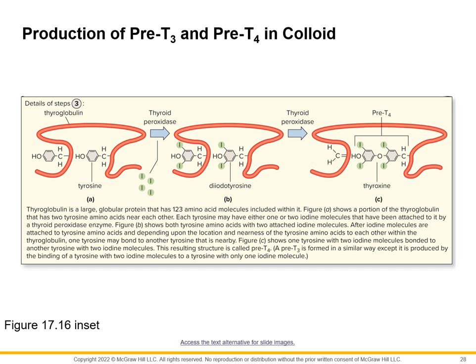So you can get pre-T4 or pre-T3. In this case, you have one tyrosine that's had two iodine molecules added, another tyrosine that has had two iodine molecules added, and both of those bond and form pre-T4. You can just count the iodine, 1, 2, 3, 4, and you call this thyroxine. This is the thyroid hormone, essentially. This is what will be the thyroid hormone.